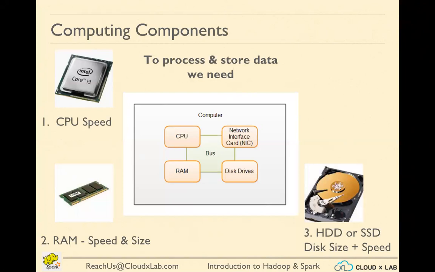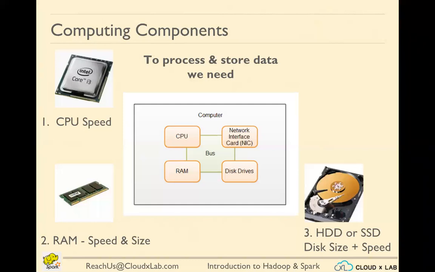Generally, RAMs are smaller in size, while hard disks are bigger. The most I've seen is a RAM of 200 gigabytes, and on a normal computer it is from 4 GB to 8 GB, 16 GB, or maybe 32 GB.